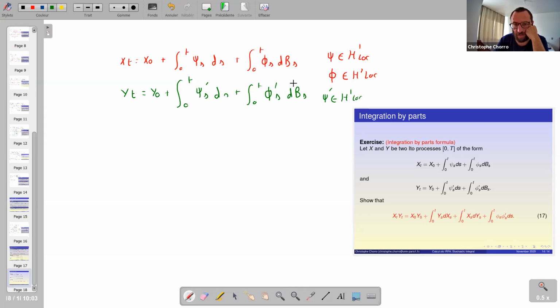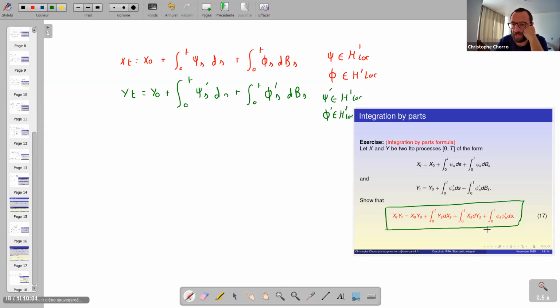Here, prime is not for the derivative. It's just for another psi and another phi here. And phi prime here belongs to H2 loc. So I want to obtain this formula here, that is, in fact, the Ito decomposition of the product. So what is the meaning of this one?